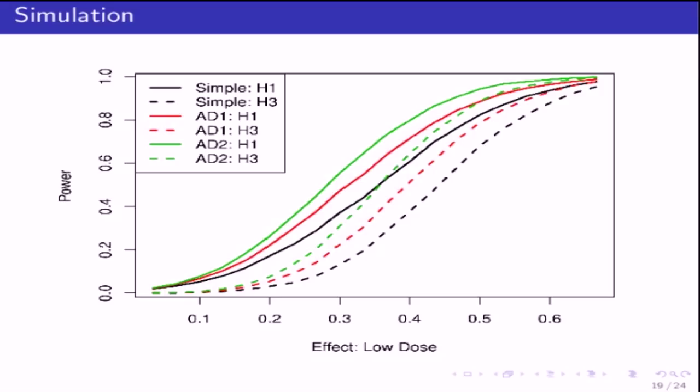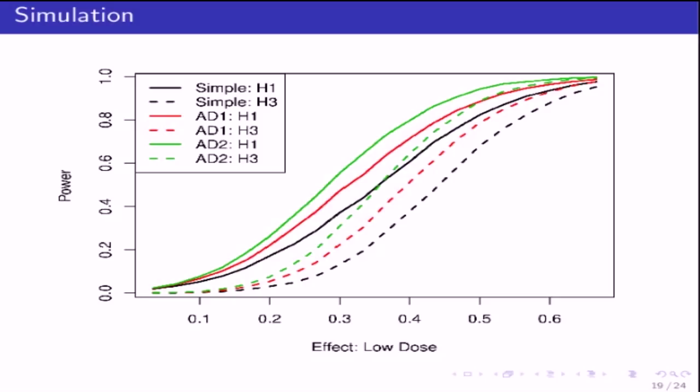The black solid line is the power curve for the simple strategy, and you see with the adaptive one we have a much higher power. It's the red solid line. The red solid line is the power for the primary endpoint of the lower dose using our method.